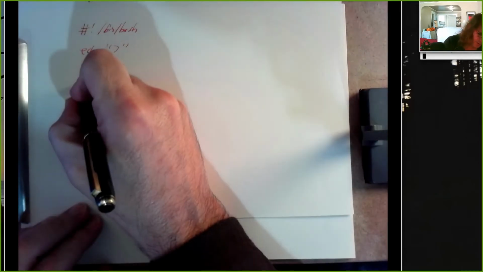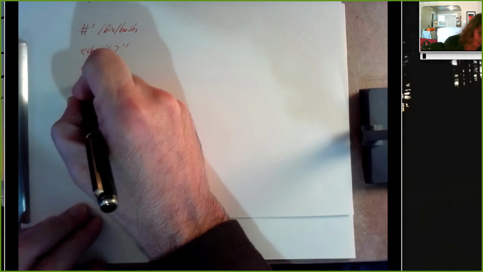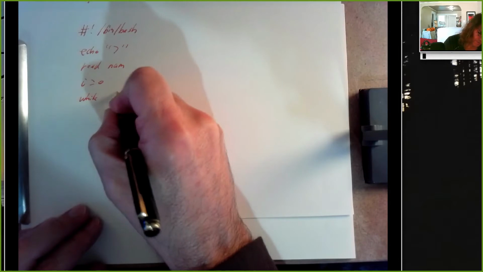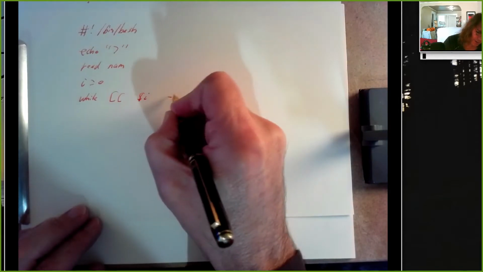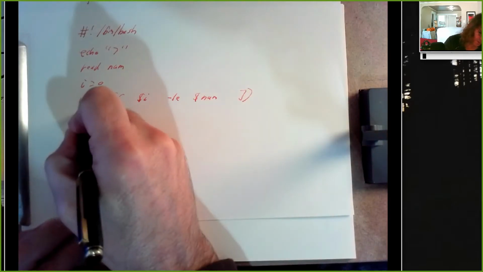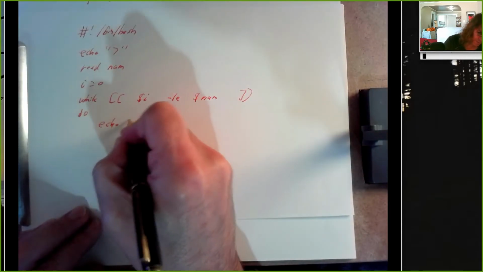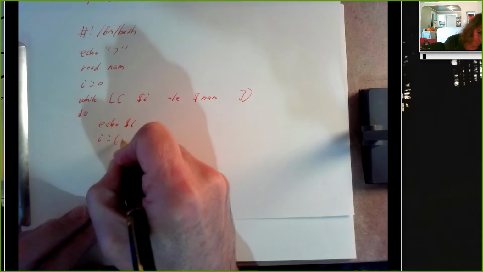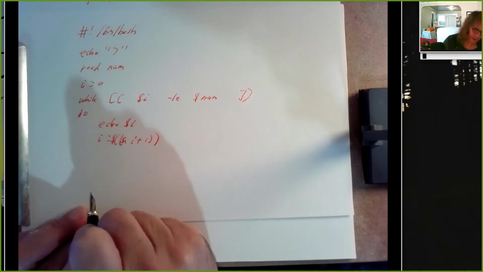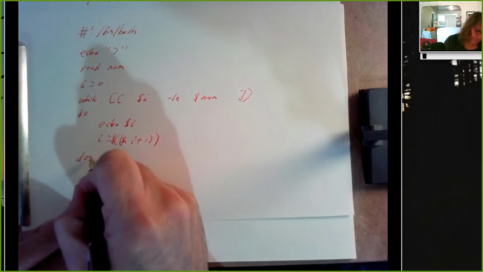Well, you could do something like: i=0, while i is less than or equal to num, do echo i, i equals i plus 1, and done.